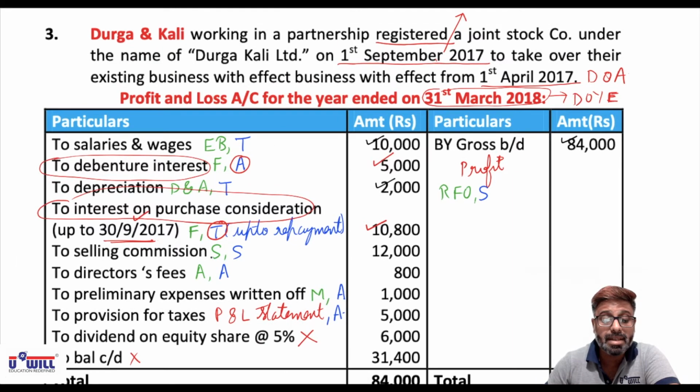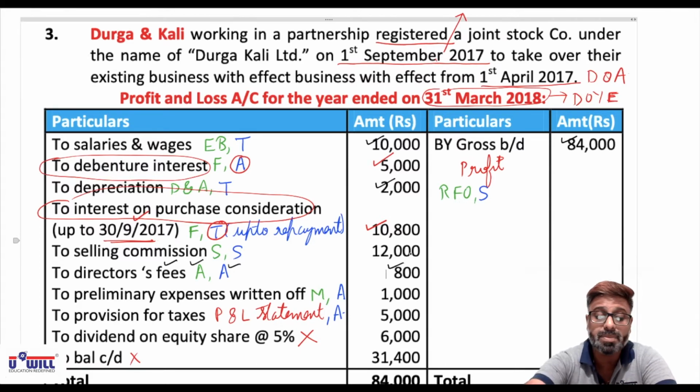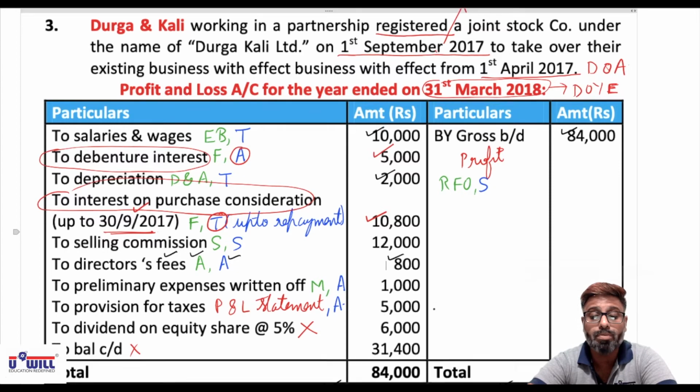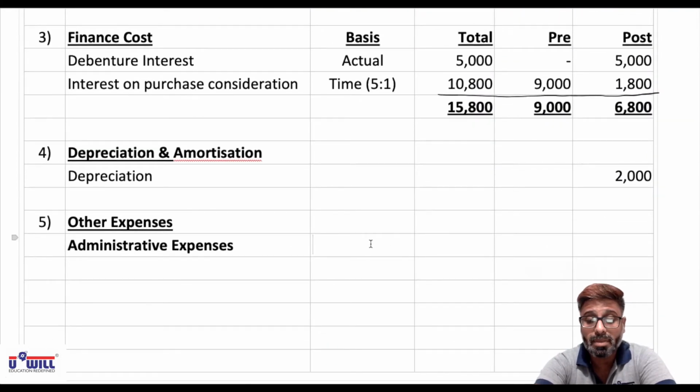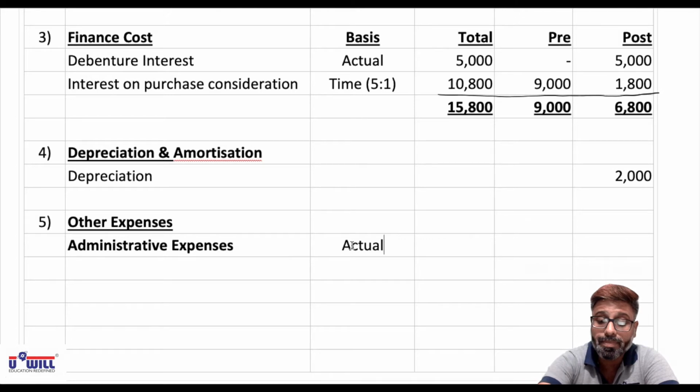Only one is there. Director's fees is marked as A. It will go on actual basis. Amount is 800. Actual basis means it will go on post. So here the basis will be marked as actual, that is post. Amount is 800, and the entire amount will go in the last column, 800.